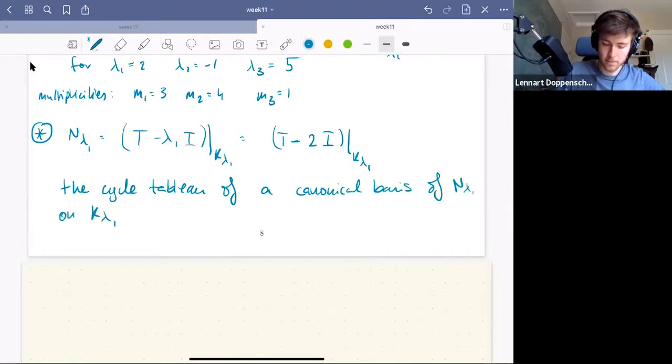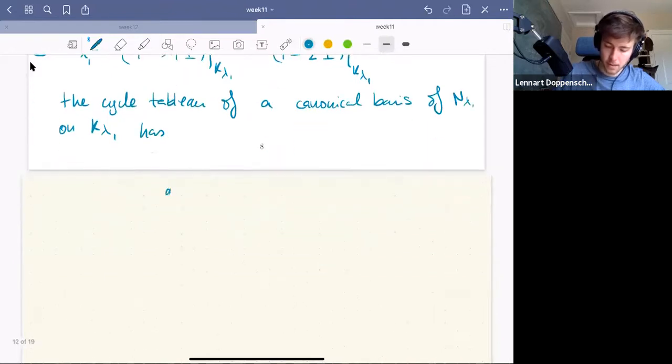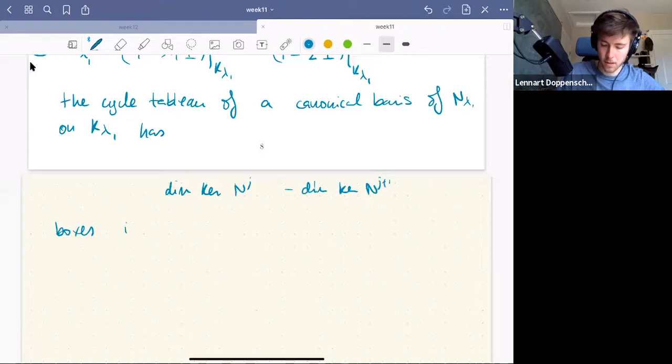on K lambda 1. And again, there's a reason why this exists. So we know that this exists on K lambda 1 and has dimension kernel N^j minus dimension kernel N^(j+1) boxes in the jth column.